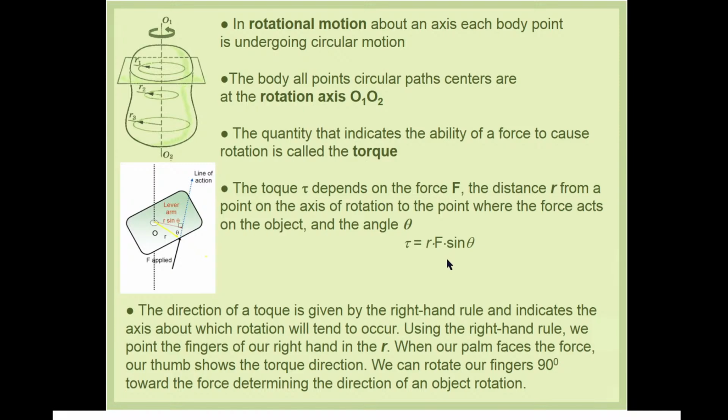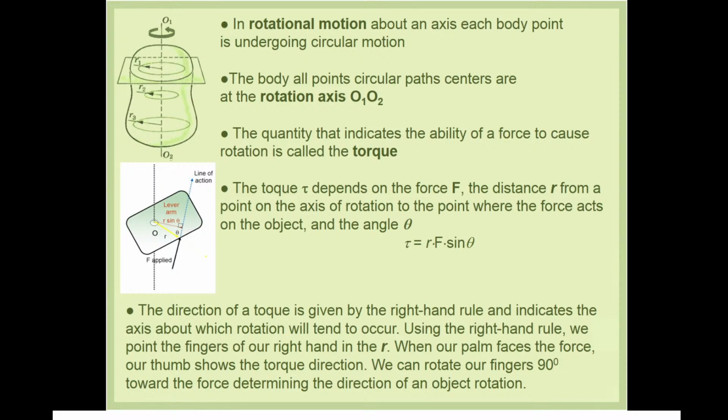So, look, when we talk about rotational motion, this ability of the force to cause this motion depends on the point where the force is applied to the object. As for translational motion, there is no such relation.